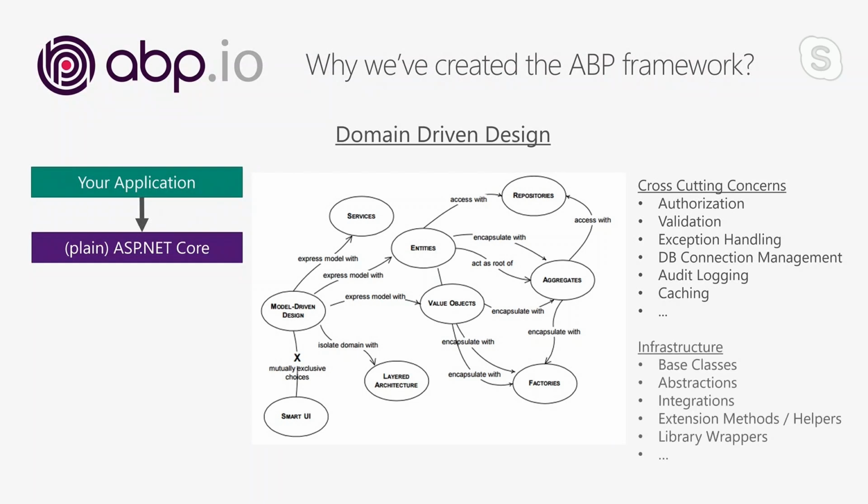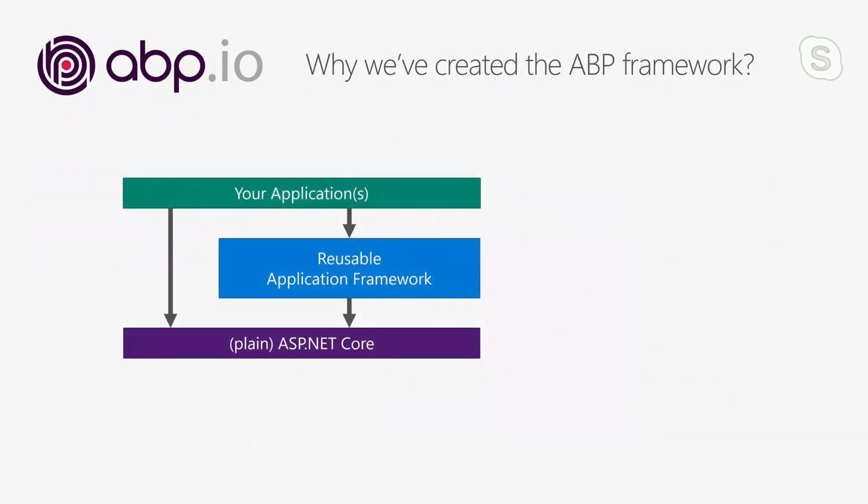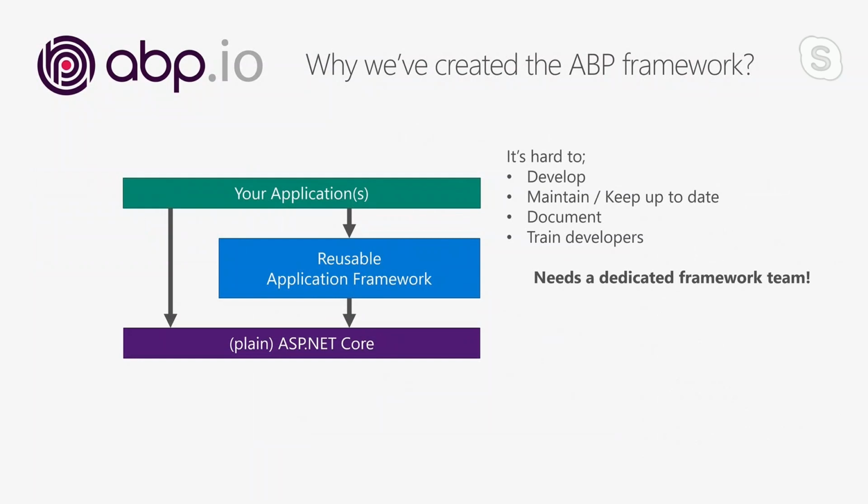You need to create base classes, abstractions, integrations, extension methods, helpers, library wrappers to simplify your application code. You will deal with all this infrastructure and much more stuff again and again for every project. For that reason, big enterprises are building their internal application frameworks on top of ASP.NET Core, but it's hard to build, maintain, and document it.